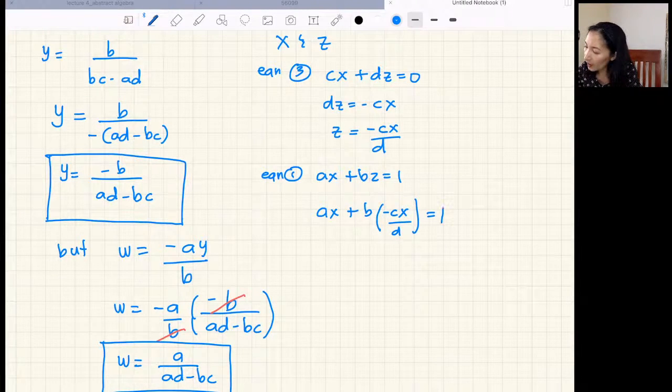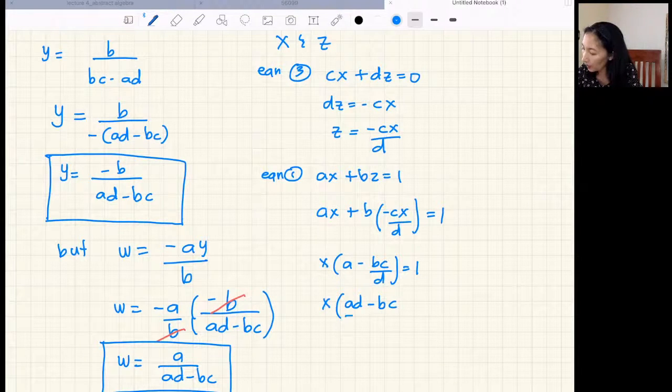Now, since X is common to both, we can factor it out. So, factoring out X, we get X times A minus BC over D is equal to 1. Or X times AD minus BC all over D is equal to 1.